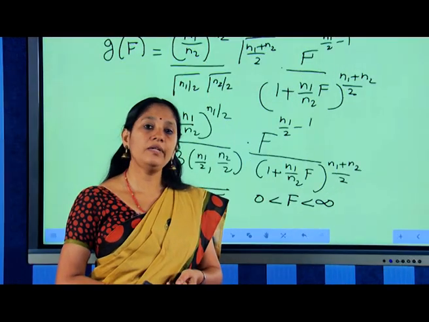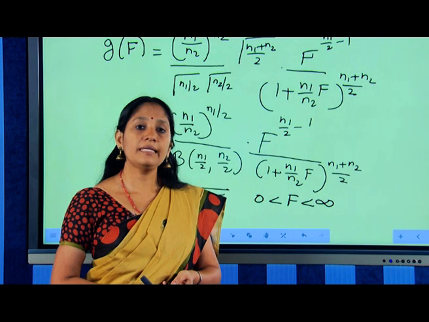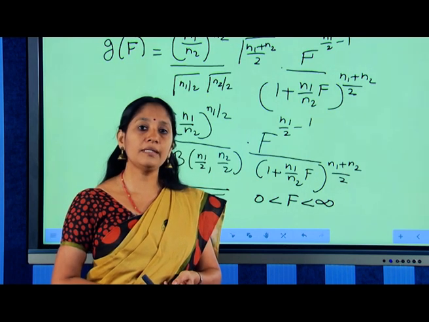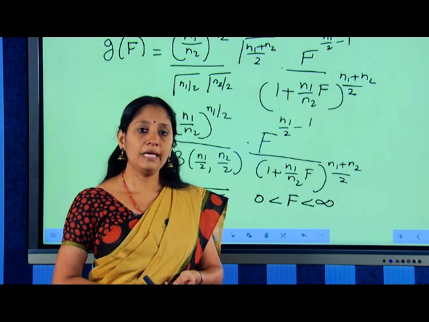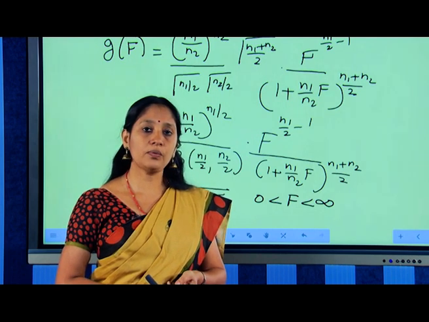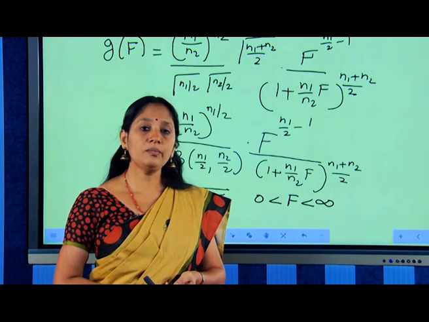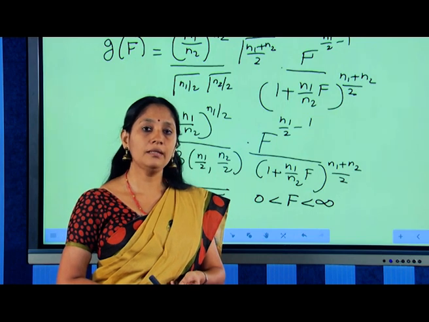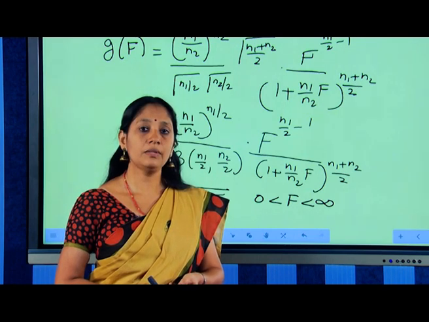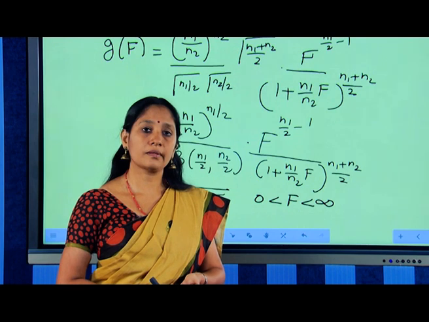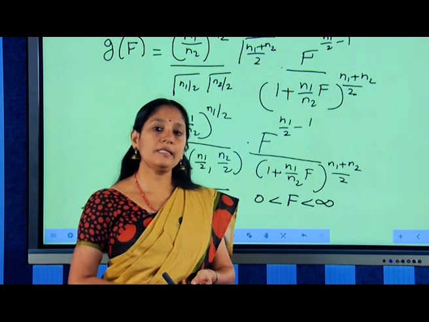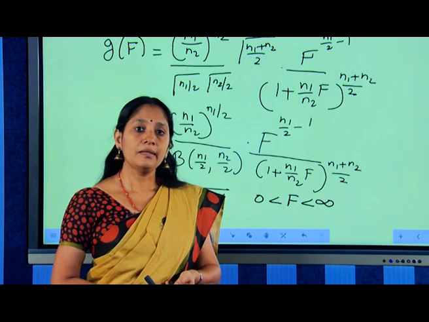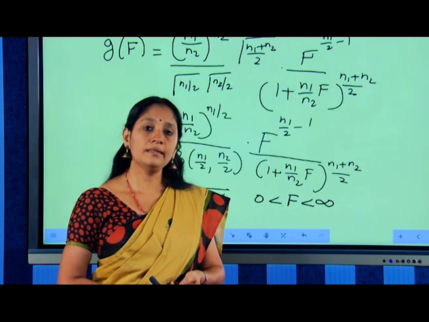The mean and variance of the f distribution can easily be derived, and mean is equal to n2 by n2 minus 2 if n2 greater than 2, and variance is equal to 2 n2 square into n1 plus n2 minus 2 divided by n1 into n2 minus 2 whole square into n2 minus 4 if n2 greater than 4. So, we have discussed the important sampling distributions, their properties, and it is time to conclude this session. Thank you very much.